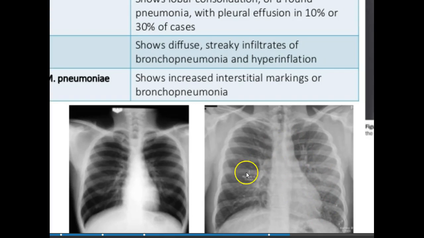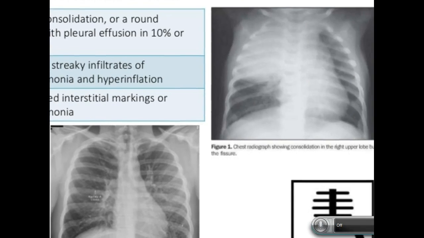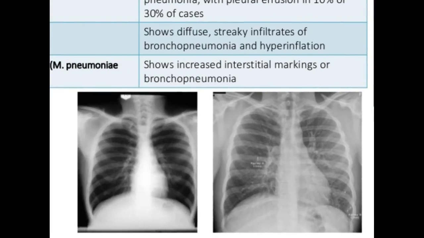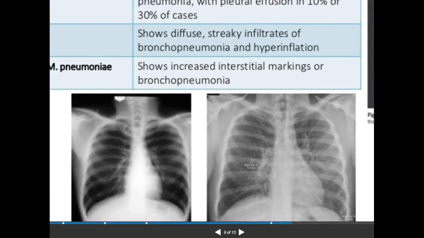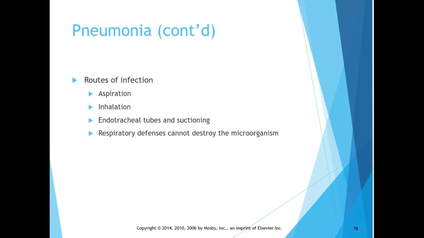You see it's a little bit more dense area. You see little pockets of pus or whatever. And then I'm not sure if I can move this over. On the same slide, they have a picture of bacterial pneumonia, so you can kind of see where they're going.